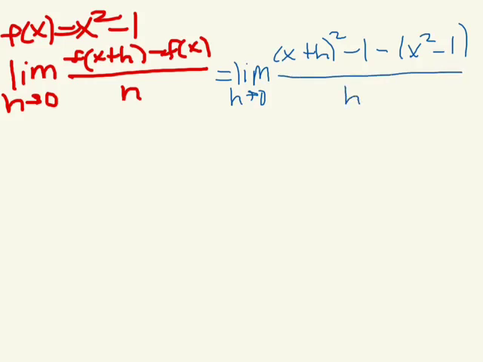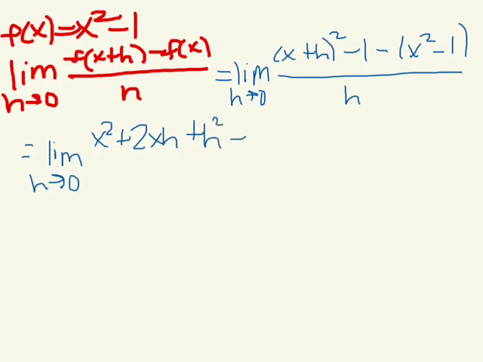Now you see we cannot use direct substitution right now. We're going to have to do some algebra. So I'm going to go ahead and work with our numerator here. So we're still working with the limit. We have not evaluated it yet. If we go ahead and multiply out x plus h, the quantity squared, we have x squared plus 2xh plus h squared.